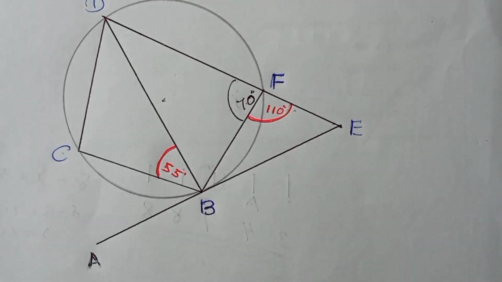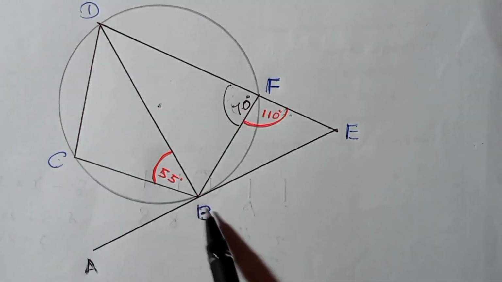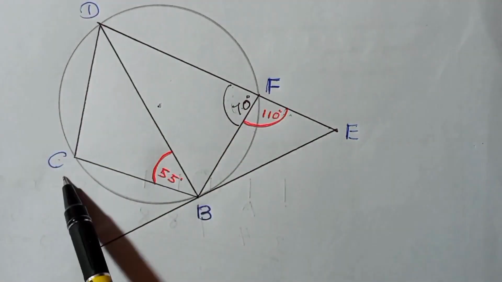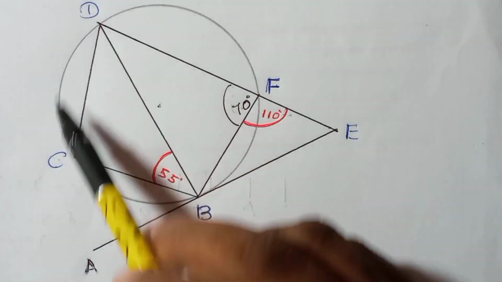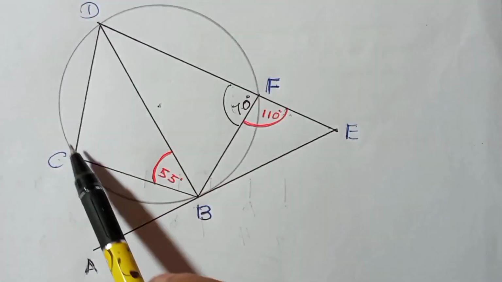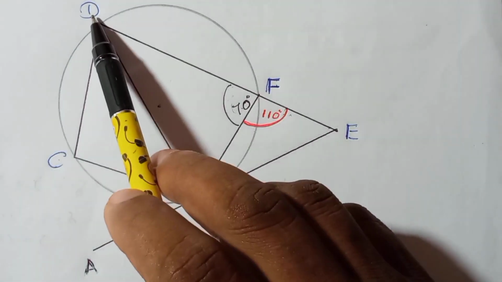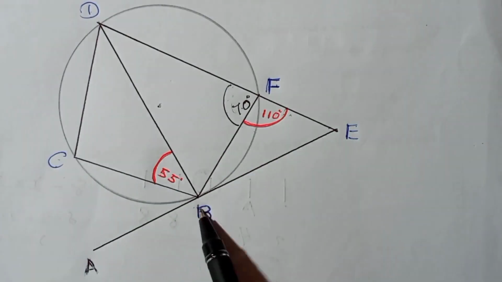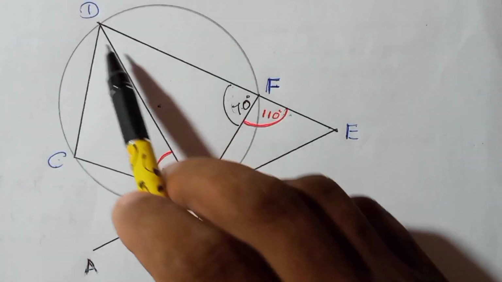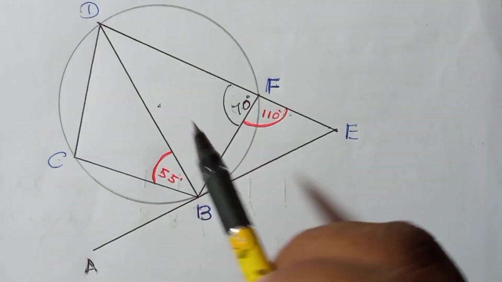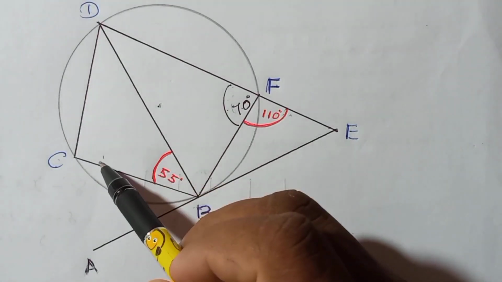Okay, then CBFD. This is a cyclic quadrilateral, because you can see all these vertices are on the circle, right? So that's why you can consider DCBF as a cyclic quadrilateral. Now if this is a cyclic quadrilateral, this angle plus this angle must be 180.